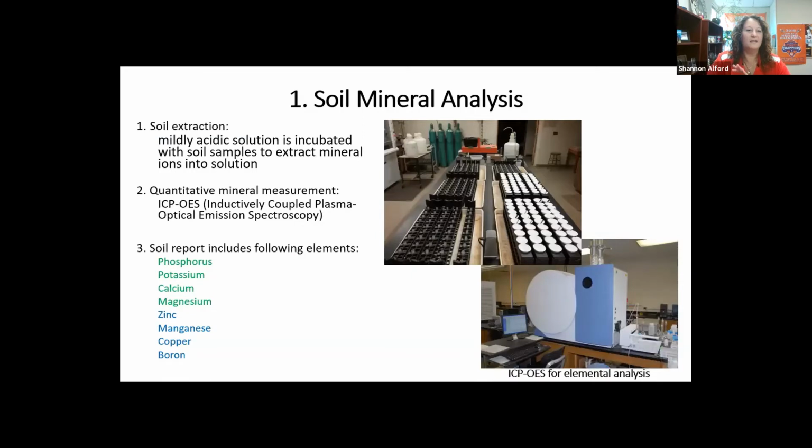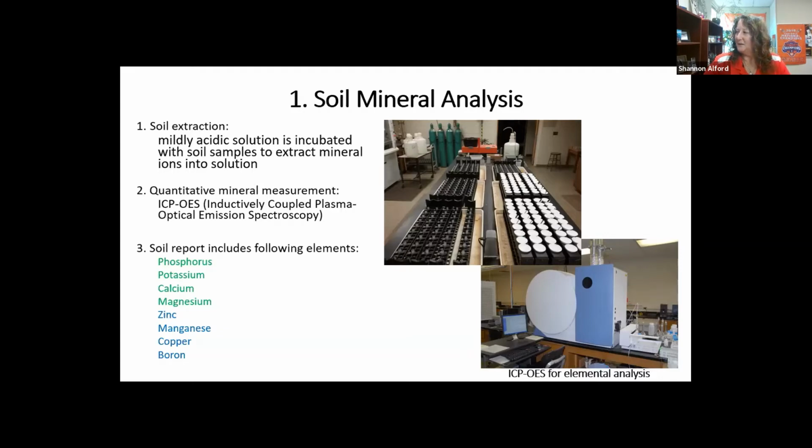All right. Like we showed you quickly, what we do in the lab with your samples is really a two-step thing. The soil extraction that I demonstrated for you in the lab removes the ions that are in the soil, bringing them into solution so we can actually measure them. And then we use that instrument that Amy described to you, the ICP.